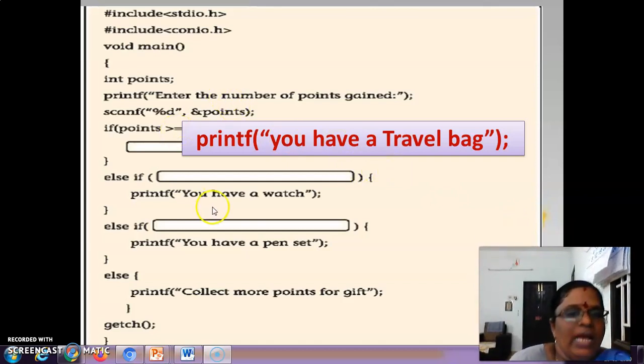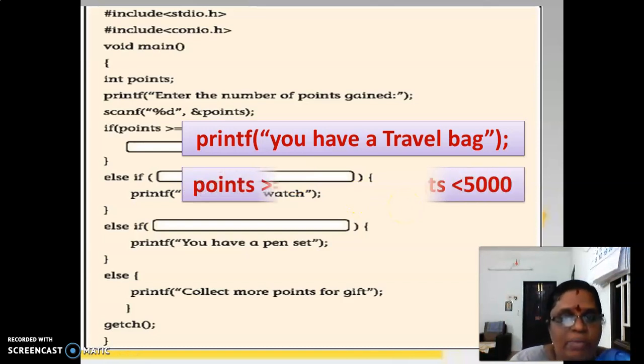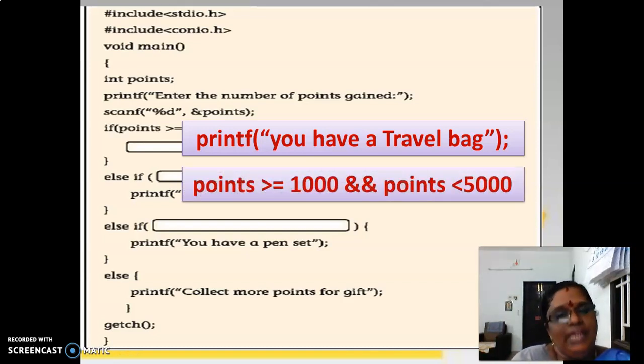The next one, if you have a watch. So if a watch is to be given means what is the condition to be checked? If you want a watch, if watch is to be printed, the condition is points greater than or equal to 10,000 and points less than 50,000.